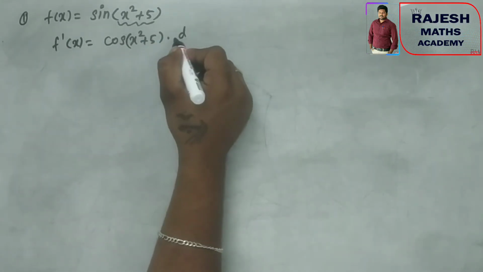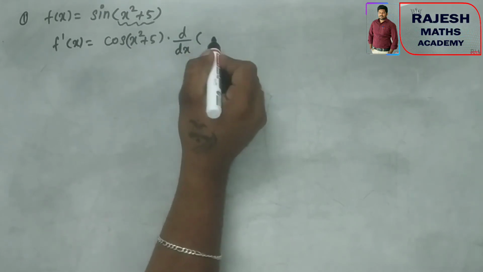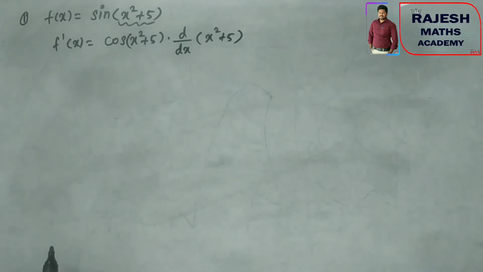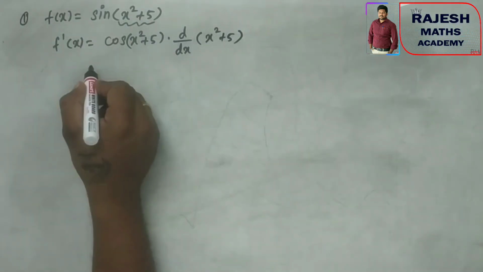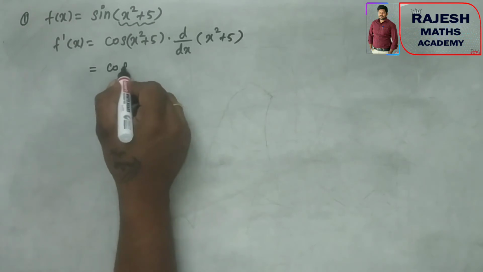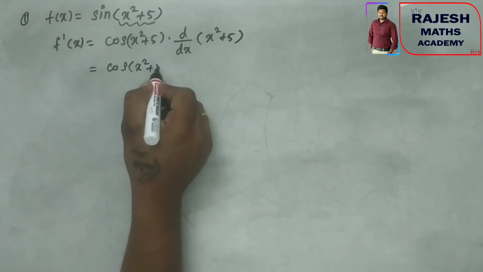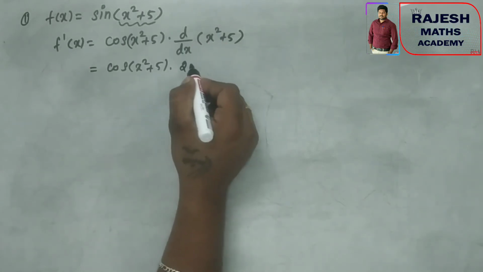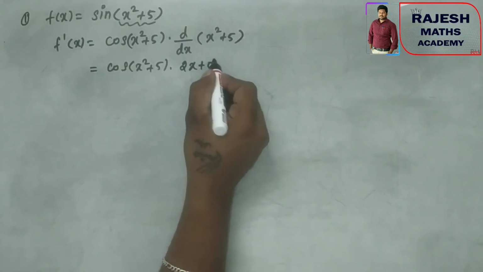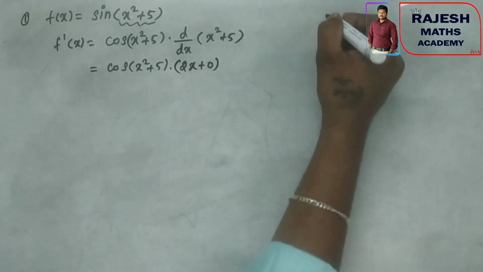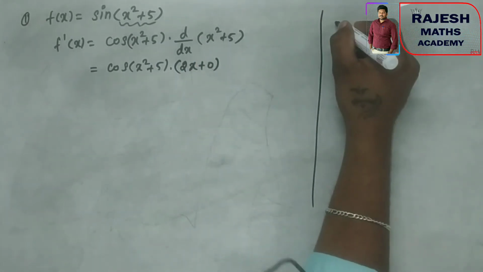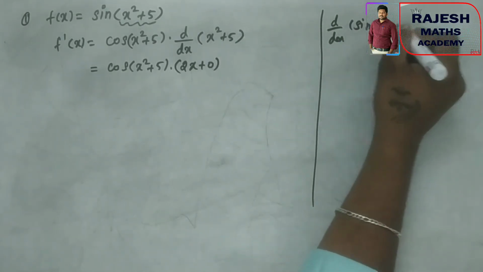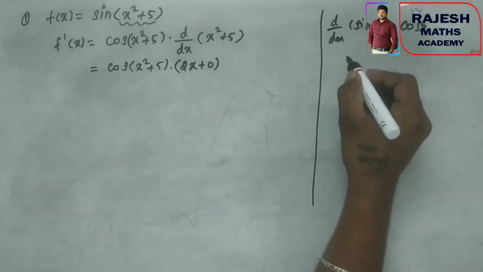Then what do we have to do? We have to differentiate what is in the place of x and multiply with that. So we will get cos of x square plus 5, differentiation of x square equal to 2x, differentiation of constant equal to 0. All these things we have studied. If you didn't study, we just recall. d by dx of sin x equal to cos x, which I used here.